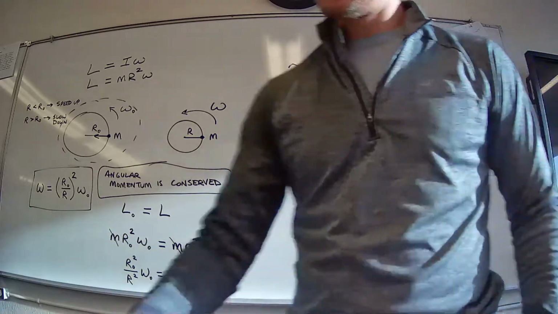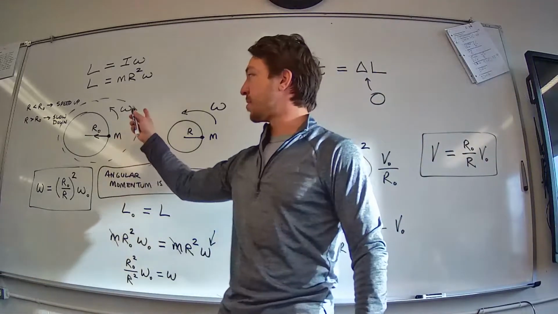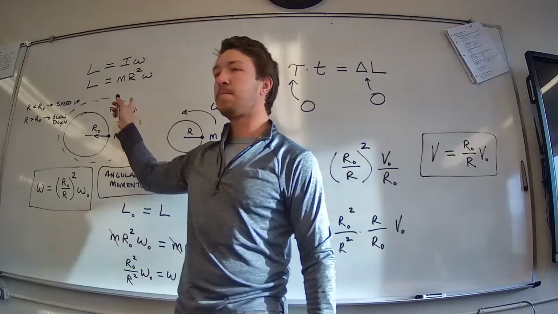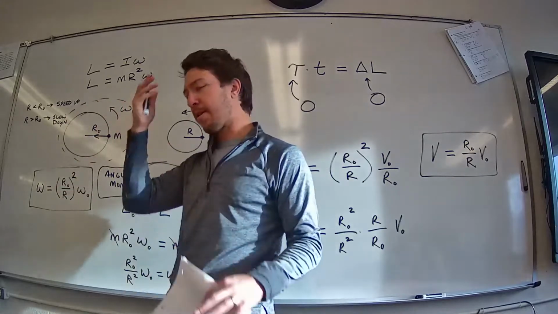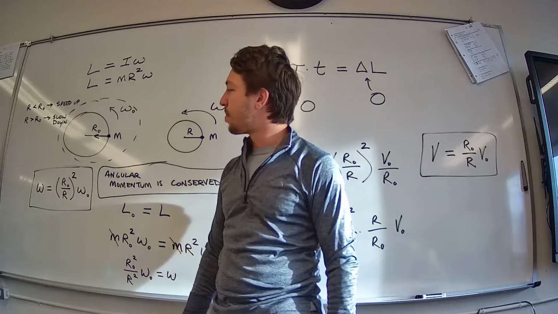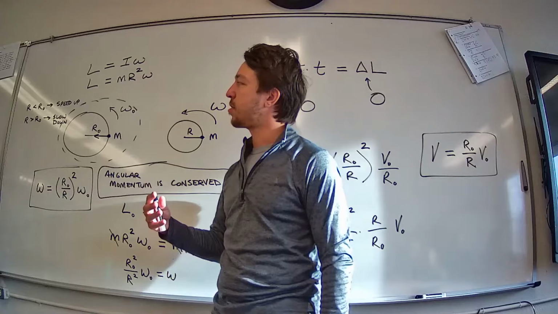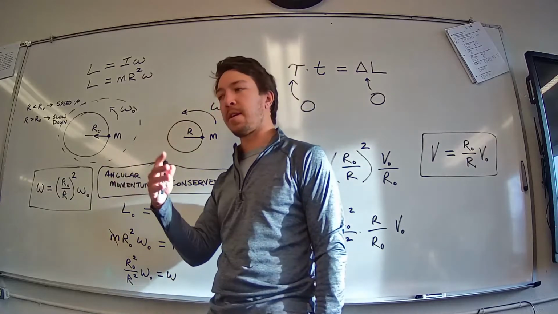So let's move on. This idea is really important. It's not easy to wrap your head around. This idea of determining what's the system, what kind of system am I talking about, and from there going, well, could there have been an external torque or not?